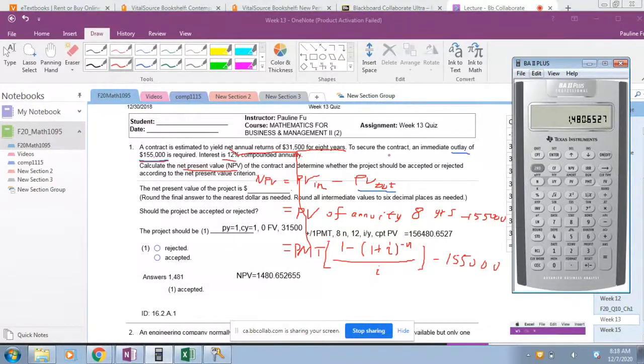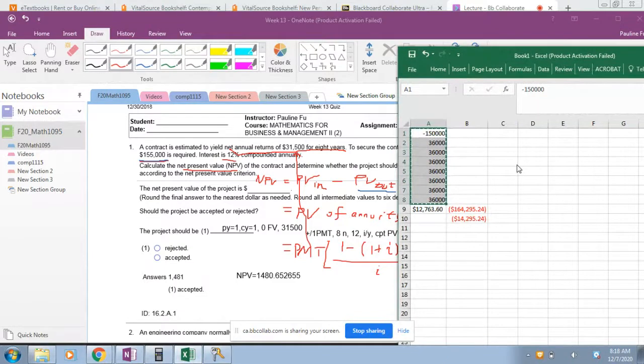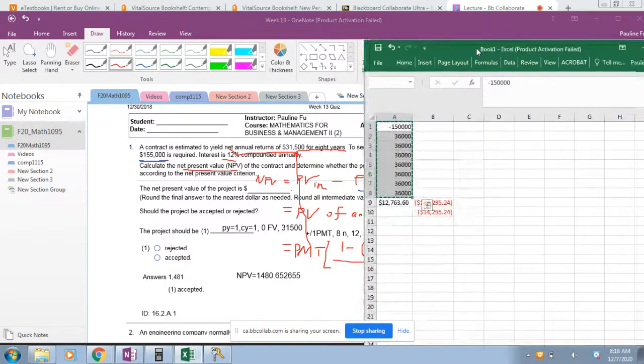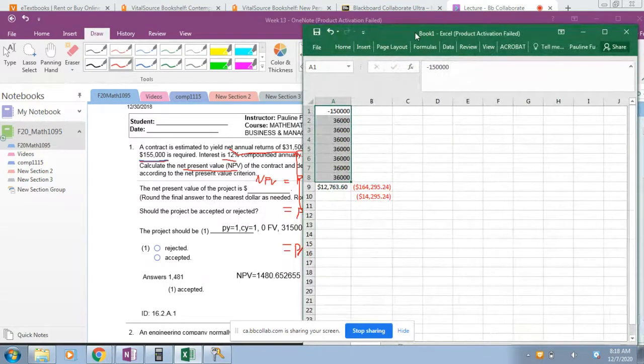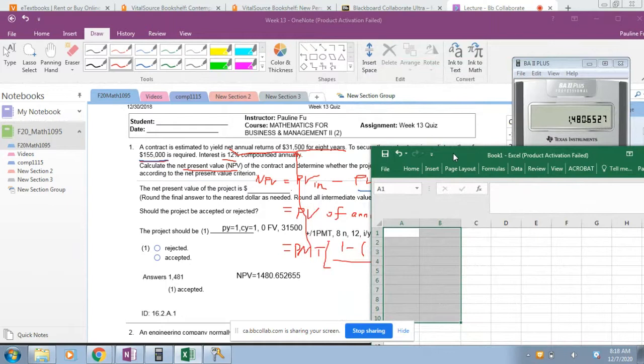There is a third method using the Excel NPV function. So this is the one I'm going to turn to. I'm going to open Excel. I want to use Excel to calculate NPV.